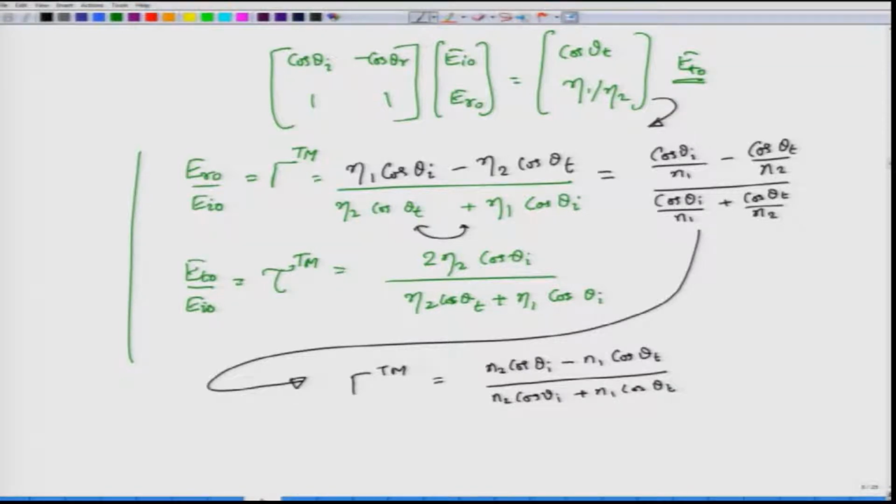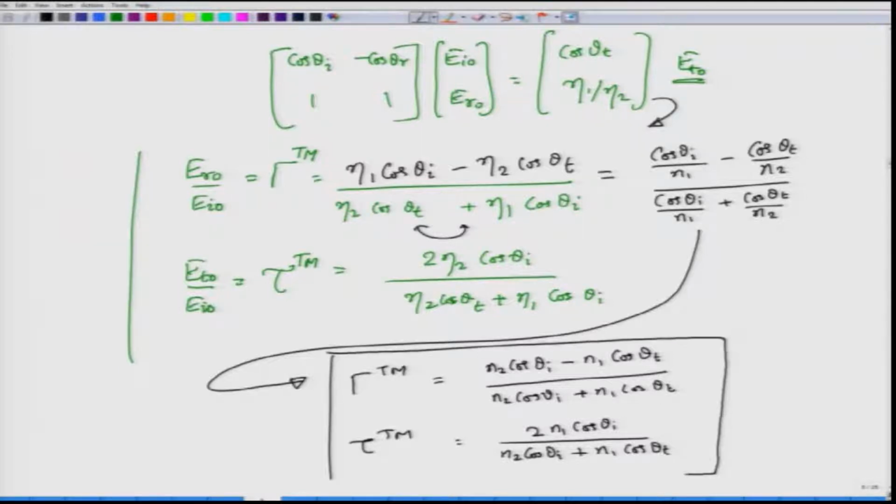Similarly, you can show that the transmission coefficient can be written as 2 n1 cos theta I divided by n2 cos theta I plus n1 cos theta t.